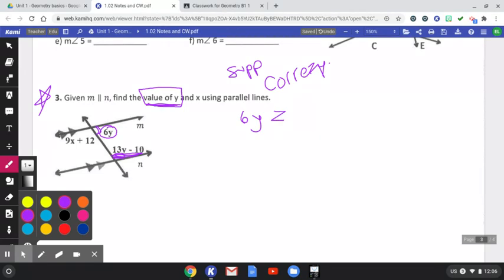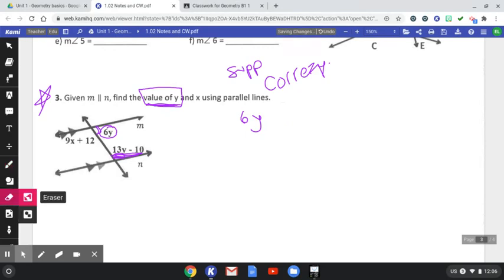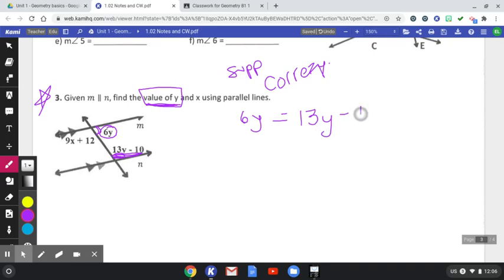That's not a z. Sorry about that. Trying to pick up my eraser. There we go. Do you set it equal to 13y minus 10? Or do you take 6y added to the other expression, 13y minus 10, equals 180?